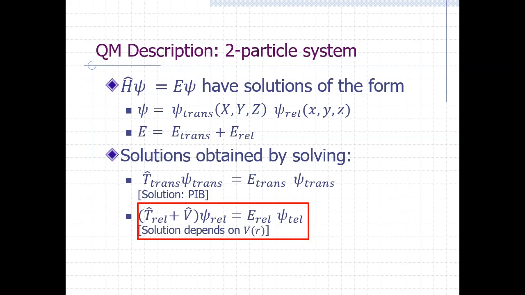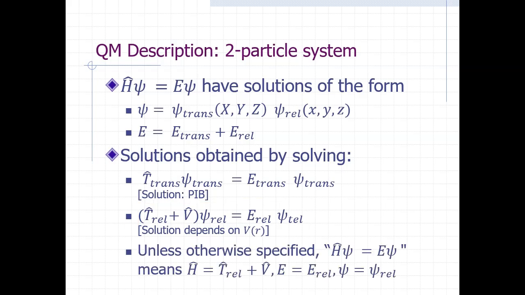From now on, for brevity, when we write the time-independent Schrödinger equation for any system, we will assume that it refers to the differential equation for the relative motion. So, when you see H hat psi equals E times psi, H hat means the relative kinetic energy operator plus the potential energy operator, and E means the relative energy, and psi means just the factor that depends on the relative coordinates.